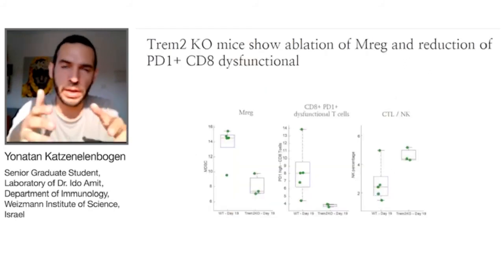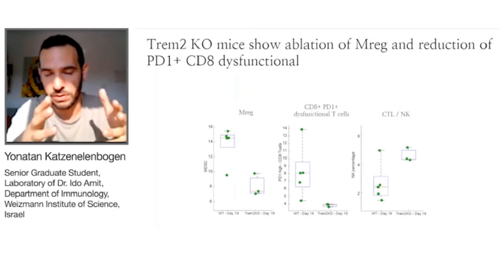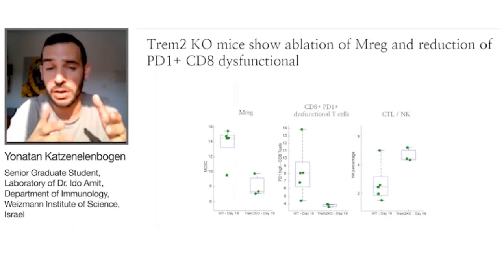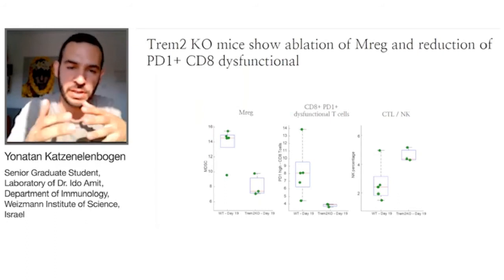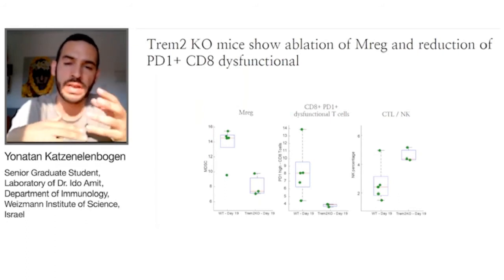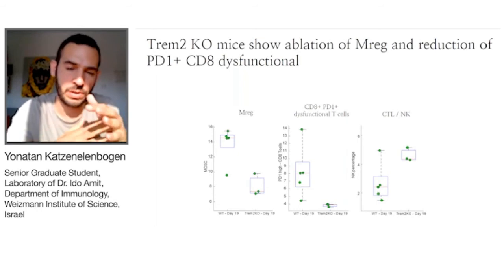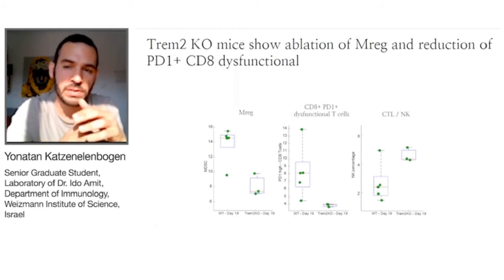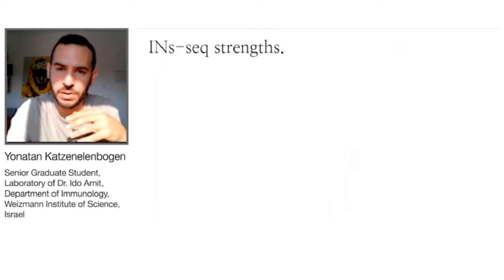When we molecularly identified the difference between wild type and TREM2 knockout mice, we indeed saw a reduction in these regulatory macrophages, the MREG population. We believe that it led to a reduction in CD8 dysfunctional T cells and elevation of the cytotoxic T cell and NK compartment, which led eventually to the reduction in the tumor size.